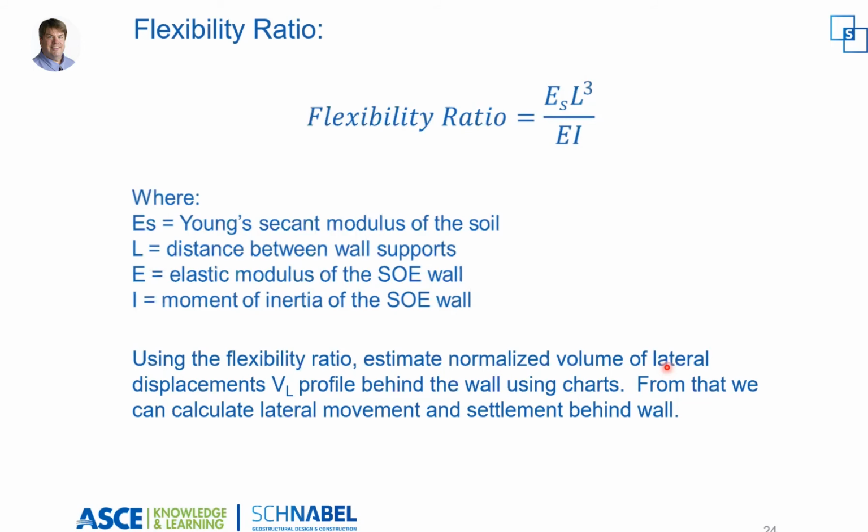So the flexibility ratio was defined as the Young's secant modulus of the soil times the distance between supports cubed divided by the modulus of the wall, which in this case would be steel, 29,000 ksi, and the moment of inertia of the SOE wall. And typically when we design these things, we don't account for the soil mix. We just take the moment of inertia of the soldier beam that we have in the soil mix. And using that, you can use a relationship to estimate the lateral volume.